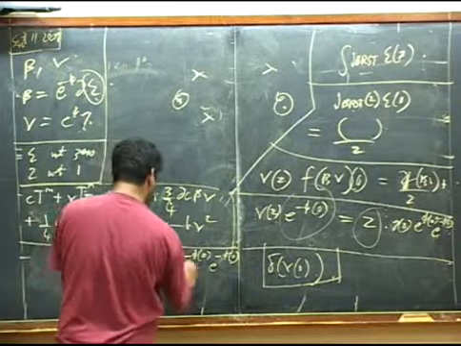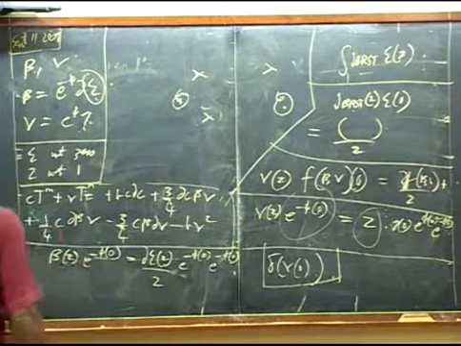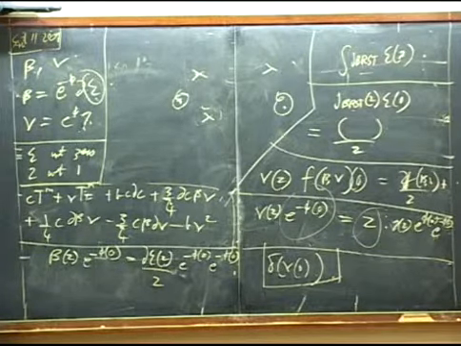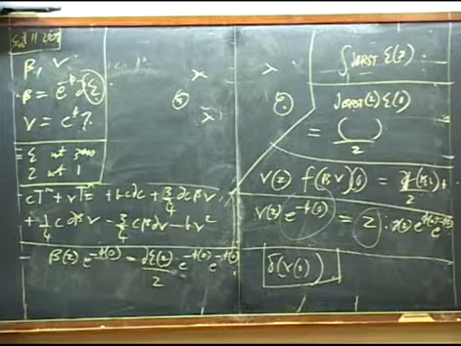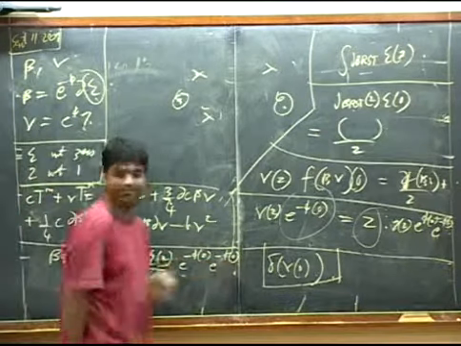Now the pole has e to the power minus 2 phi.